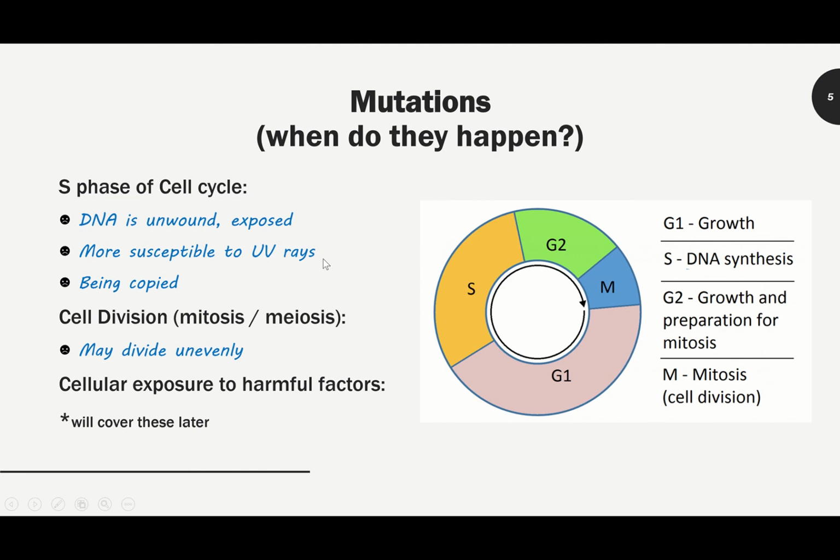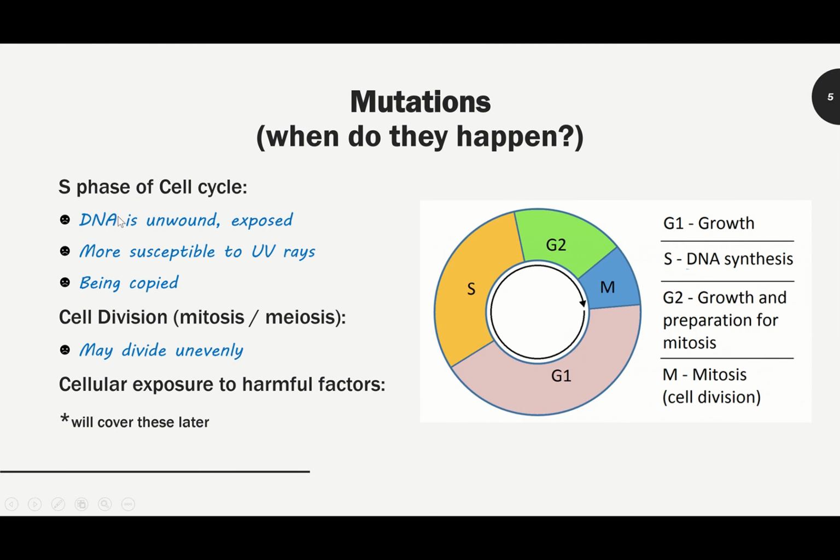During that phase, the DNA is unwound and exposed, because to replicate DNA, you have to unwind the two strands first, so the polymerase can add spare nucleotides to the exposed strands. But this is also giving UV rays, for example, a chance to change these vulnerable DNA sequences.